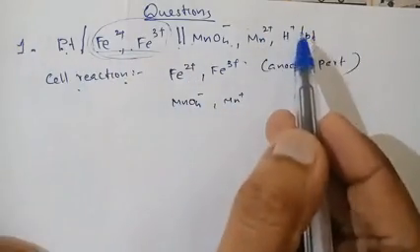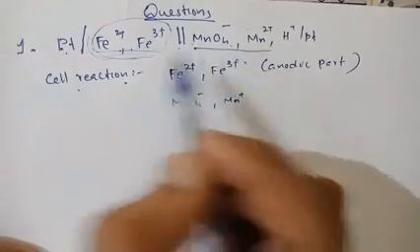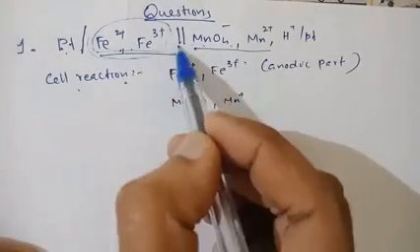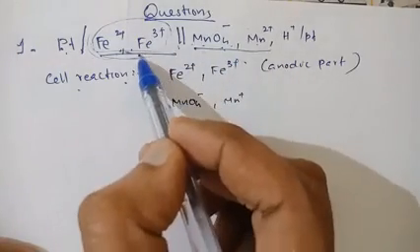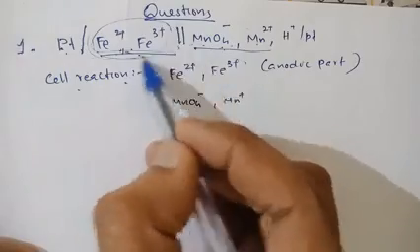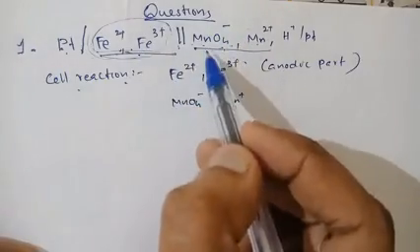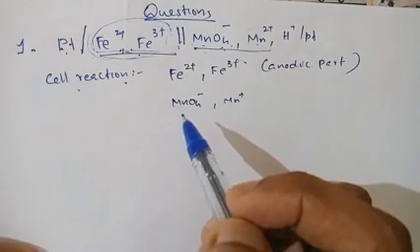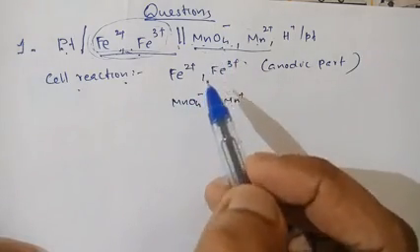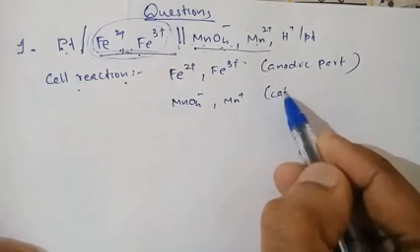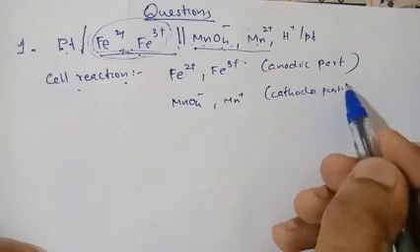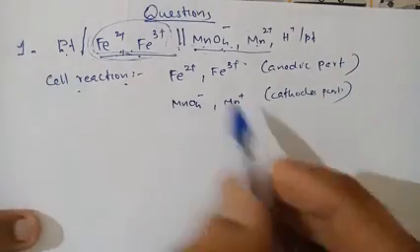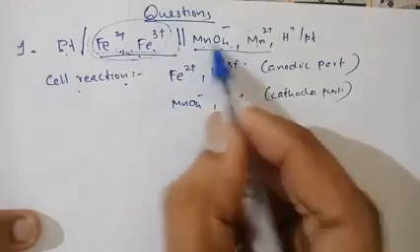Similarly, hydrogen ion is also present, but actually the electrodes are these two. The salt bridge is surrounded by the two electrodes. The solutions of iron and MnO4-, like KMnO4, are the electrolytes. So first, the anodic part and cathodic part are separated. This is the oxidation half, this is the reduction half.